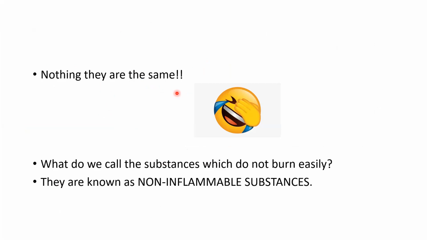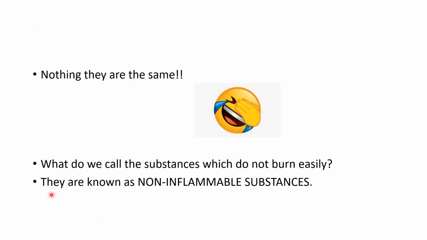You have studied a lot of synonyms in your English language. So similarly, I would like to say that flammable and inflammable, these are the synonyms. Then the question arises, if flammable and inflammable substances are synonyms, that means they catch fire readily. Then what do we call the substances which do not catch fire easily or do not burn easily?